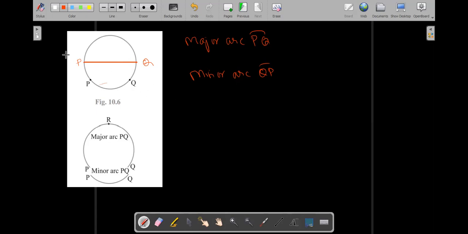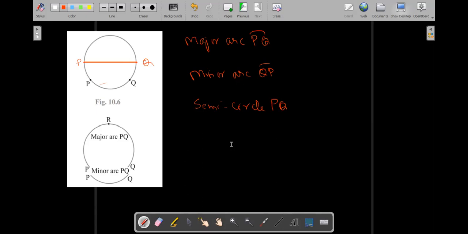So these are not called arcs, then we say semicircle PQ. Both are called semicircle PQ. Okay, got it? These both arcs are called a semicircle.